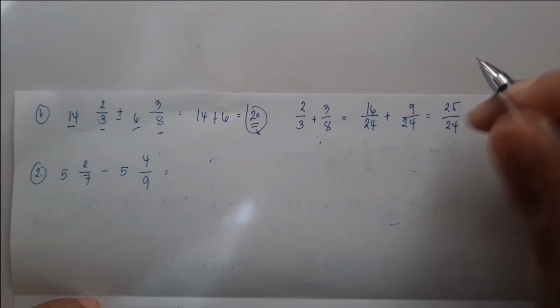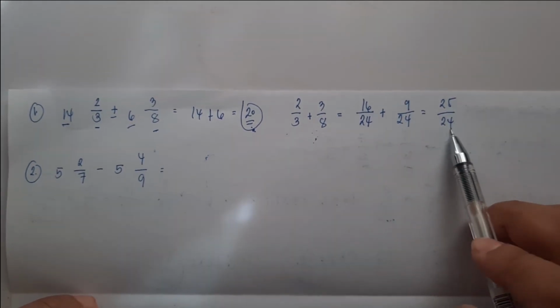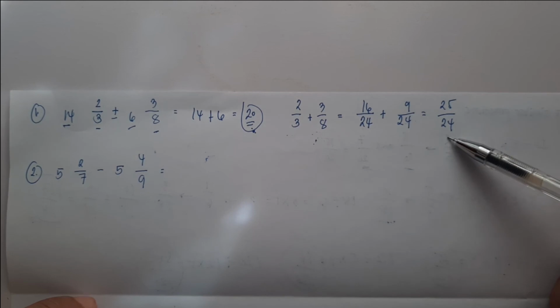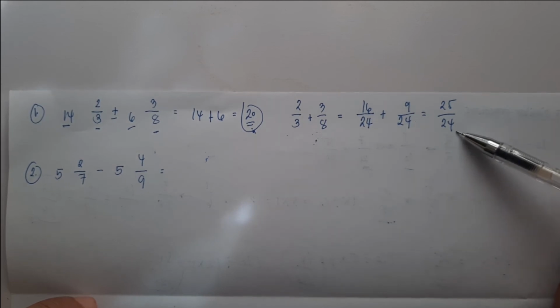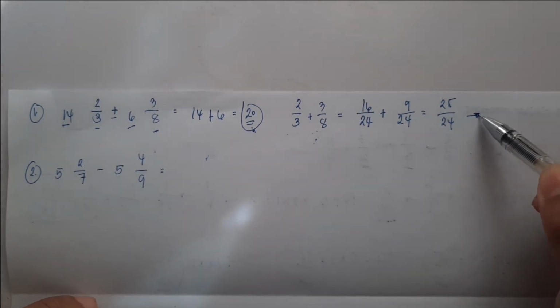Then copy the denominator. But since improper man siyang fraction, diba? I told you in the last lesson nga ang typical mixed number should be whole number and a proper fraction. So dili man siya pwedeng improper. So we will convert this one first into mixed number. Divide, okay?